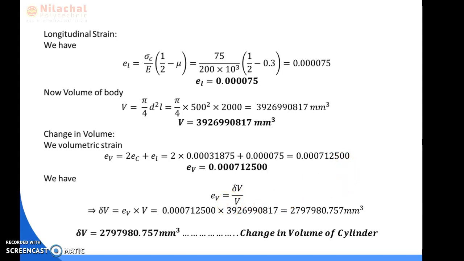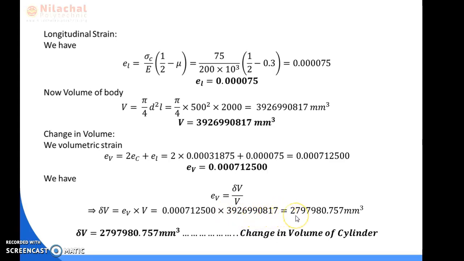From volumetric strain, it is found that change in volume by original volume. Change in volume will be obtained as εV into original volume. εV as 0.0007125 into original volume as 3926990817.